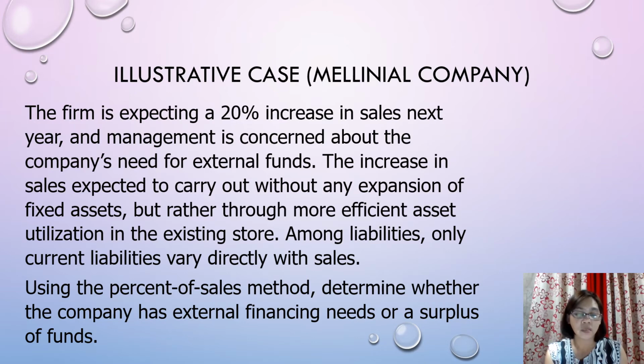Ordinary shares, 1,200,000. Then, retained earnings, 300,000. Then, yung magiging total shareholders' equity ay 1,500,000. So, i-add natin yung total liabilities na 500,000 and then total shareholders' equity na 1,500,000. So, magiging total liabilities and equity po ay 2 million, which is balance. Okay?